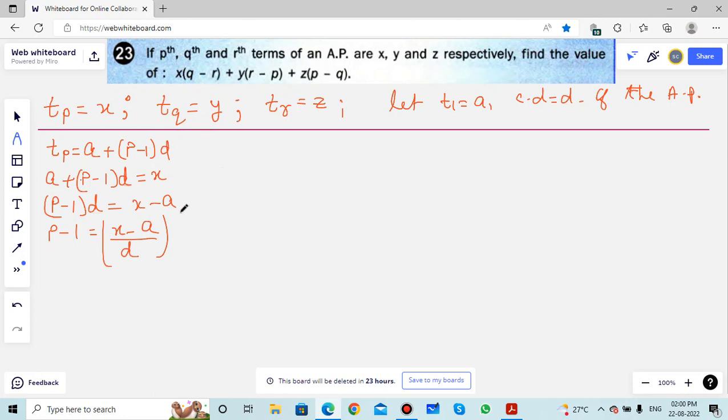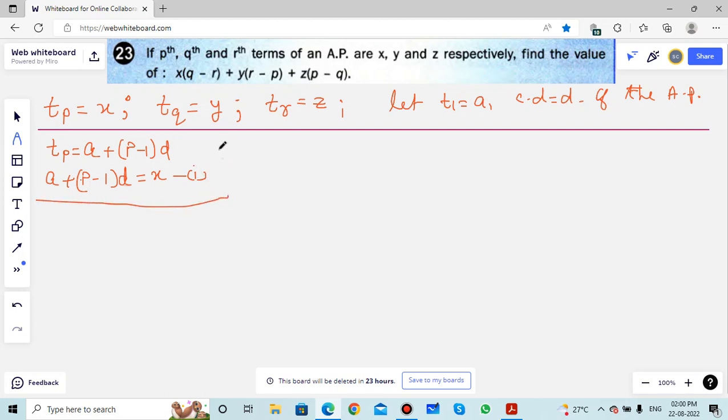Let's keep it until here because we have to find p minus q. Let's not go for that detail here. So I'll keep it until this as the first equation, because I think something has to be subtracted. Let it be the number one equation. Fine. Now I'll go for the next one.